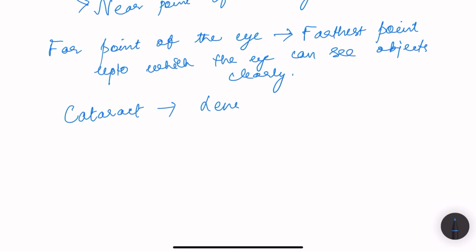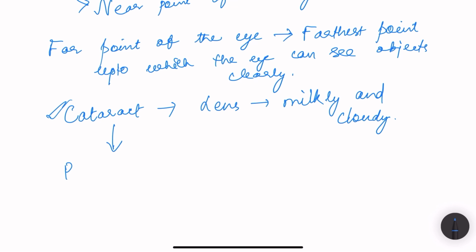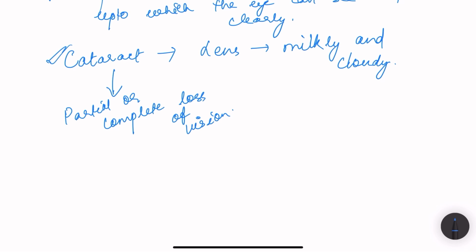I repeat, in case of cataract, the lens becomes milky and cloudy, and this may lead to partial or complete loss of vision. But it is possible to restore the vision with cataract surgery.